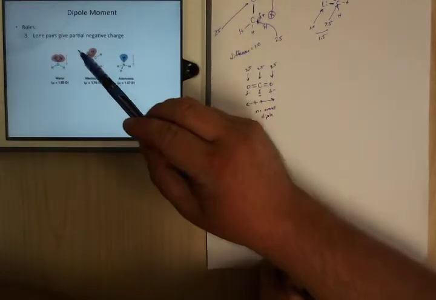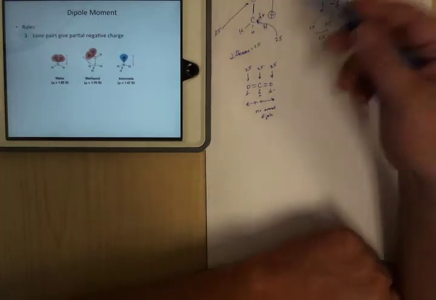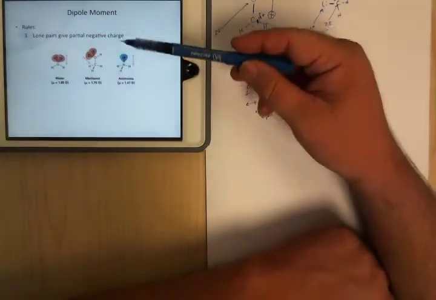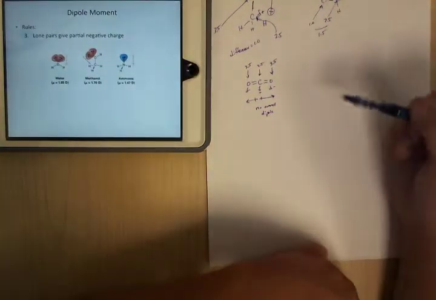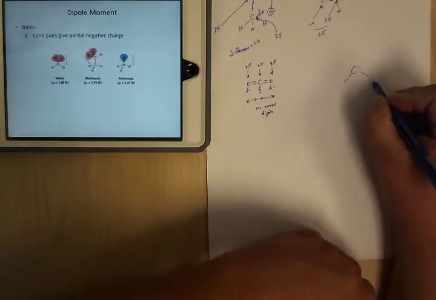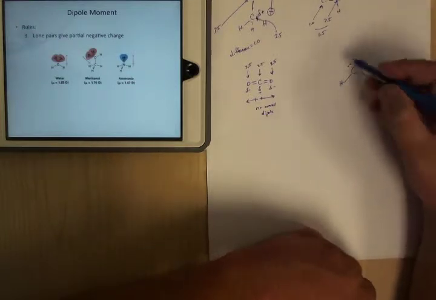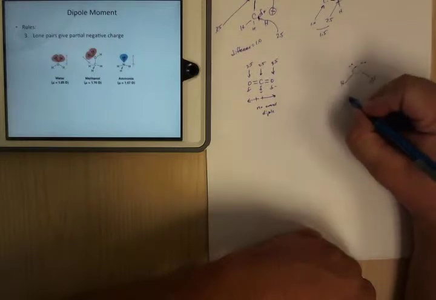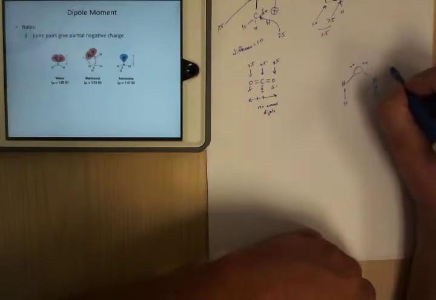Okay, lone pairs themselves, because they're electrons, they're little negative charges whirling around. They're going to give partial negative character to it. So the classic example is water. Each one of these hydrogens is 2.1, and the oxygen itself is 3.5.